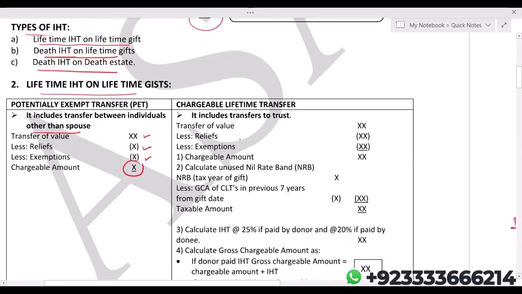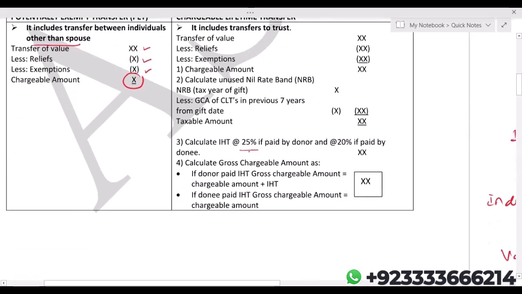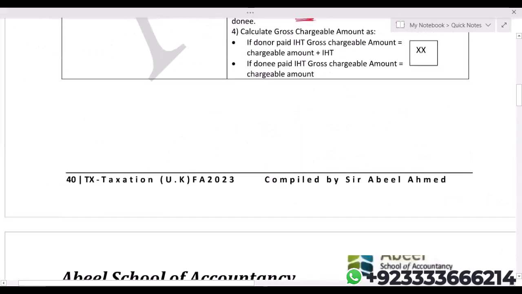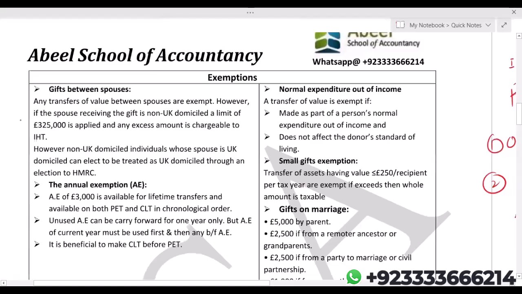Now, transfer value, relief, exemption. It includes transfer to a trust as well. Chargeable lifetime transfers. Transfer value, relief, exemption, chargeable amount, calculate the unused nil rate band of the tax year. We have discussed that. Donor pays 25% when donee pays 20%. When do we add? When do we not add? We have discussed that. Now, this is a little bit important for multiple choice questions, I would say.